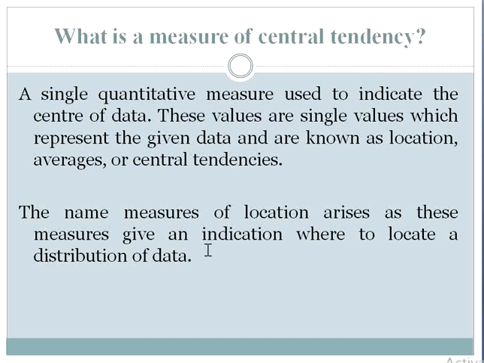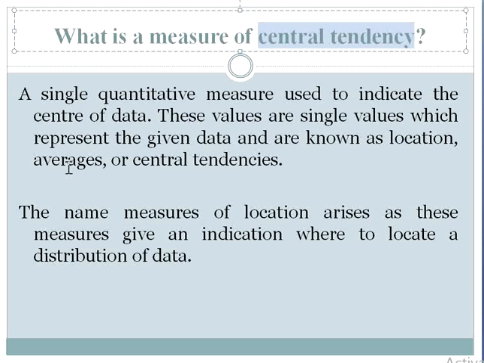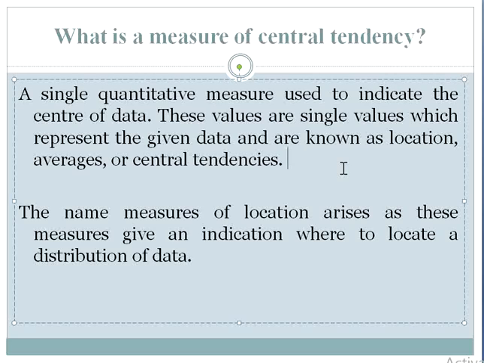That means it tells you the behavior of your data through a single numerical value, which is actually the center. So the location of its center is important. You must know where the center of the data is, or where the representative part of your data is, and to extract this we calculate the measure of central tendency, which is also called the average or the measure of location. There are various names you can use for the center of the data.